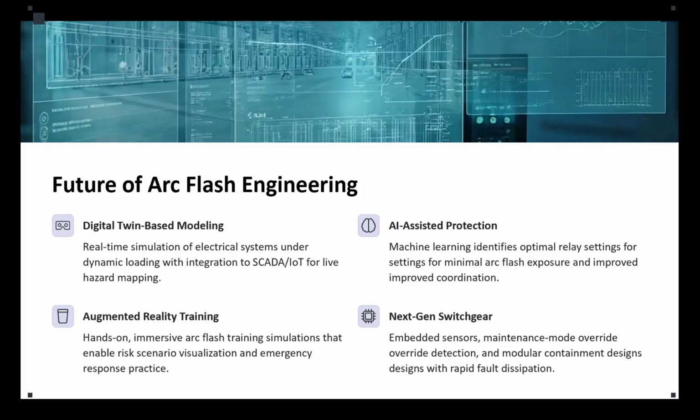We are developing AI-enabled adaptive trip logic and augmented reality field tools. There is some work on BIM integrated hazard overlays and intelligent PPE with sensor feedback. So arc flash engineering is not just about the calculations. Please note that it's about building systems that prevent injuries, protect the workers, and evolve as technology advances.